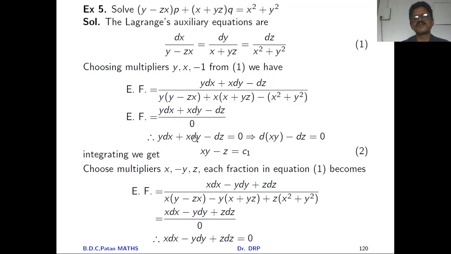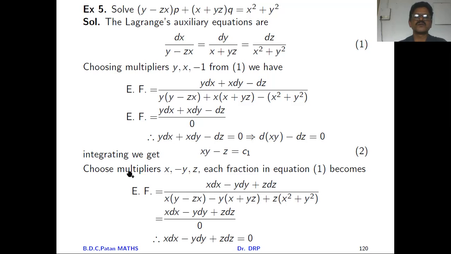These first two terms are nothing but the total derivative of xy, that is d of xy minus dz equal to 0. Integrating it gives xy minus z equal to c1, which gives one solution as u equal to c1, that is xy minus z equal to c1.